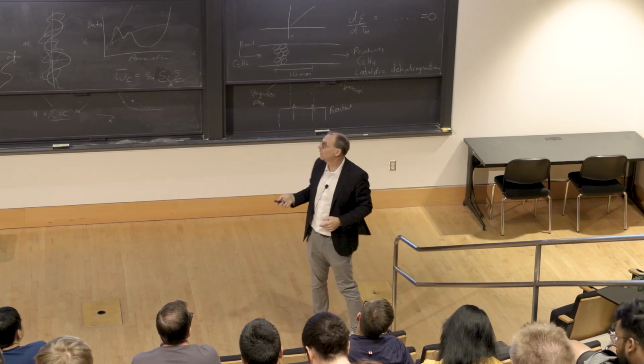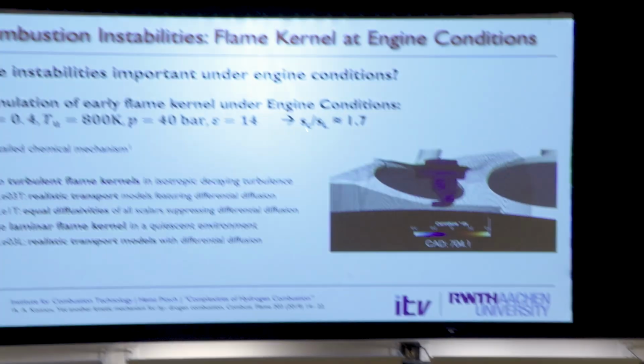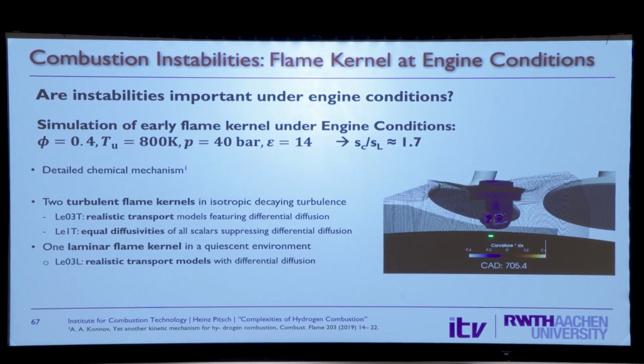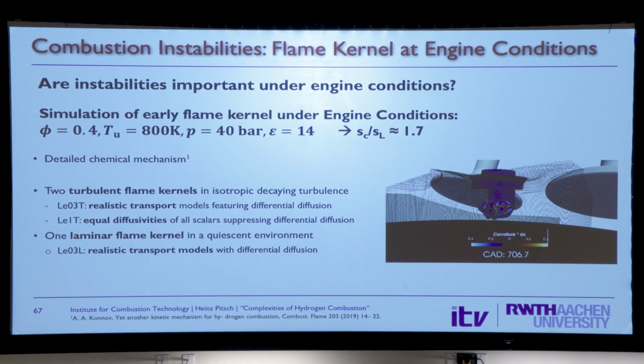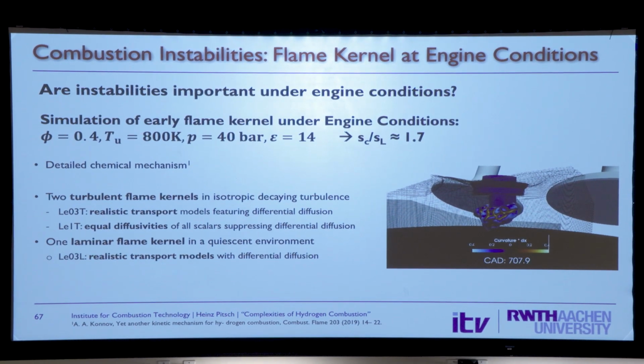Which one wins? Okay. So here we did simulations of a flame kernel inside an internal combustion engine, and the flame kernel is initially very small, just after the spark, and then we see how it grows. The conditions are 800 Kelvin, 40 bar. This is what you would have maybe in an engine with a compression ratio of 14.